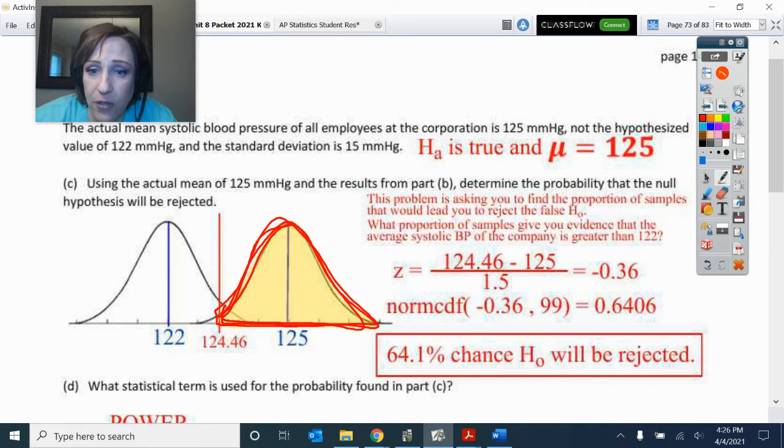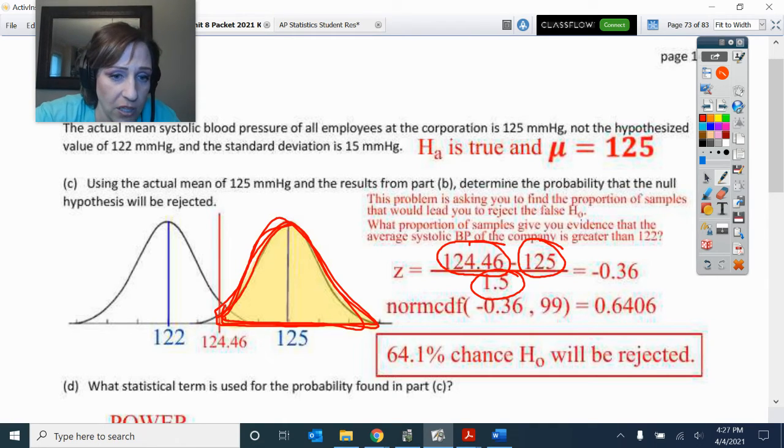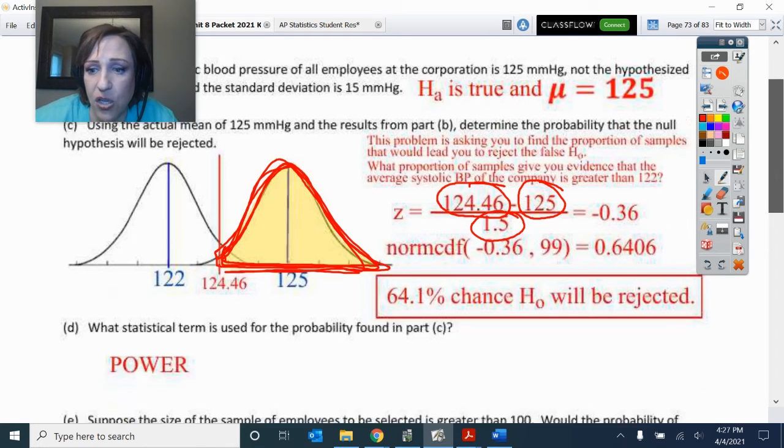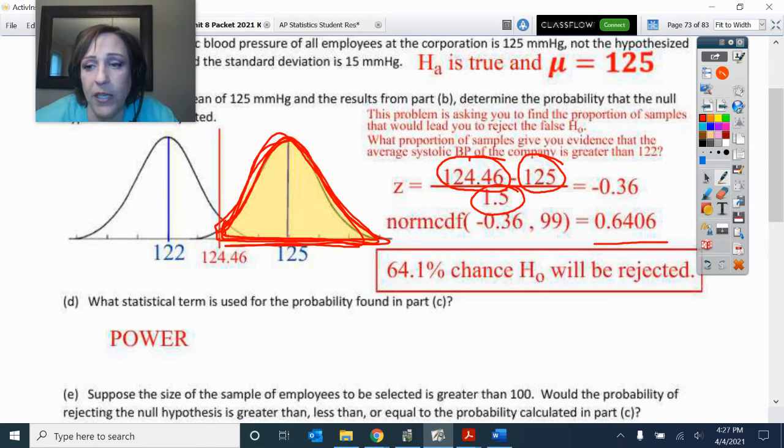So we need the 124.46 and above with a mean of 125, and there's the standard deviation. So that's a z-score of negative 0.36, and all of these samples up here would lead me to reject. So that's a 64.1% chance. There's 64.1% of the samples that would lead me to reject the null hypothesis.